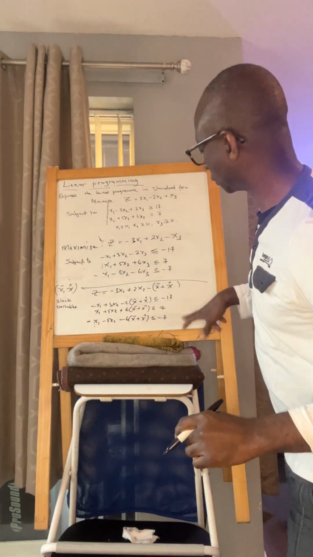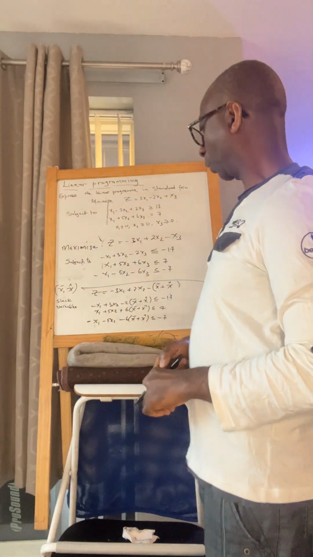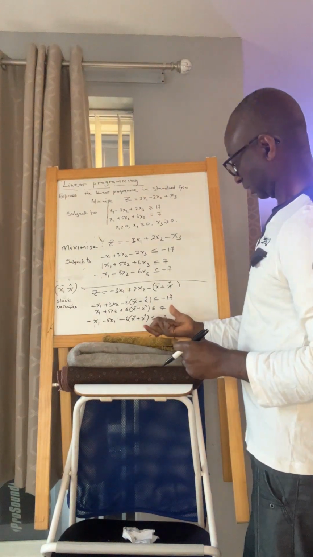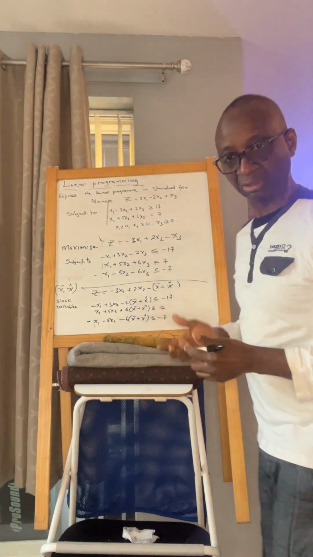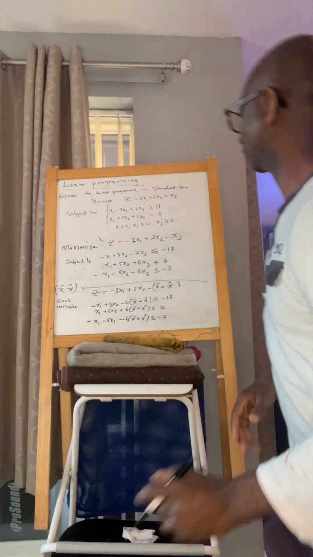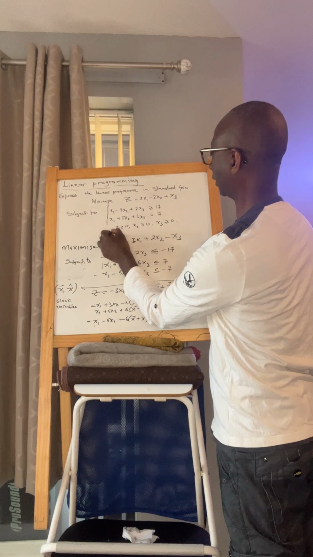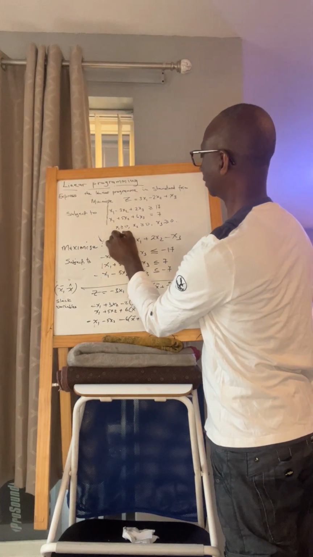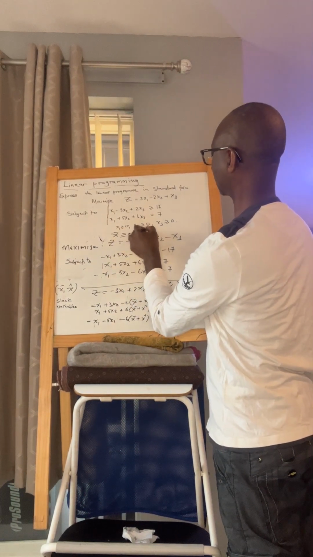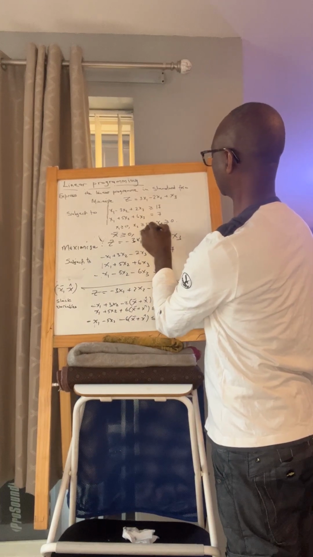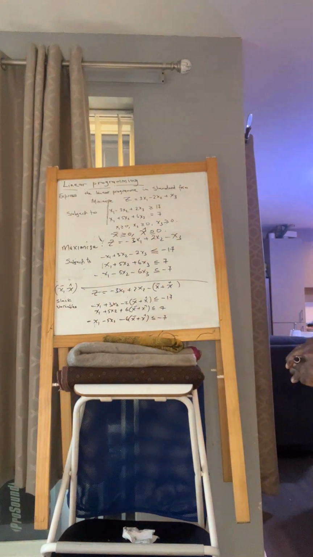Because we have introduced slack variables, x bar and x hat, we have to indicate their conditions. So now we add x bar greater than or equal to 0, x hat greater than or equal to 0. Satisfy these conditions.